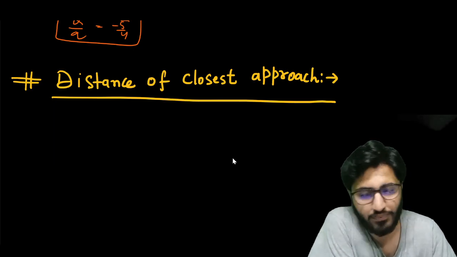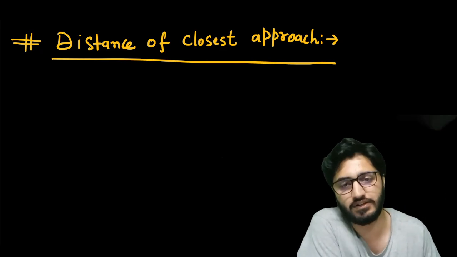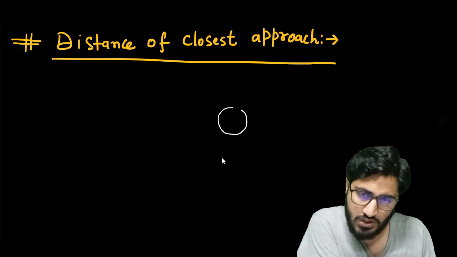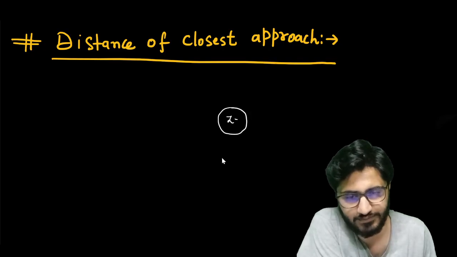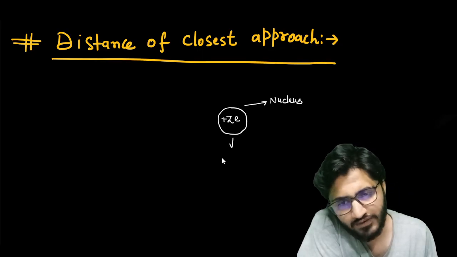Distance of closest approach. Now look, you will find many interesting things here. Here we have a nucleus, a positively charged nucleus with charge Ze. This nucleus is fixed.